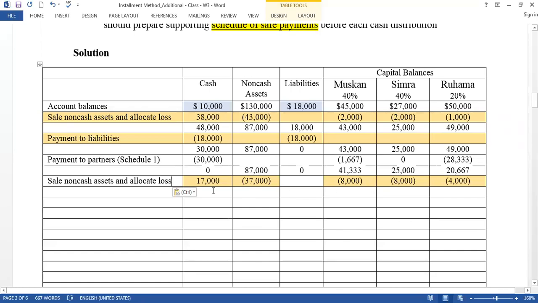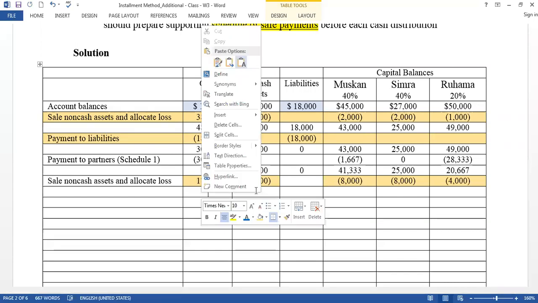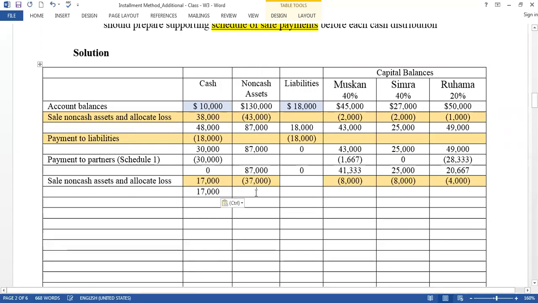Now after allocating the loss, what is the balance? Our cash is now $17,000. And what is the balance of our asset? It is $50,000 remaining non-cash asset. We don't have any liability. And what is the balance of Muskan's capital? It is $33,333. Then what is the balance of Shimra?